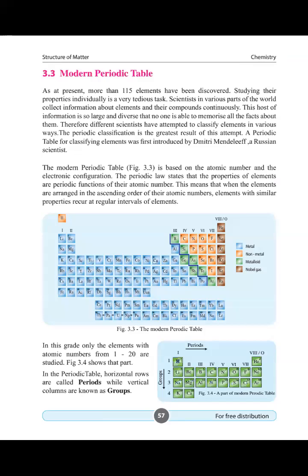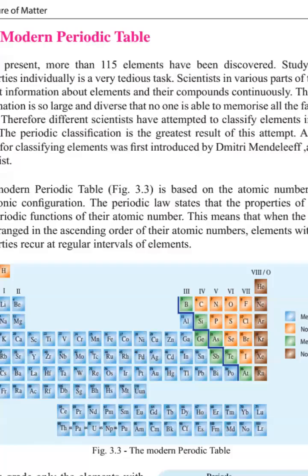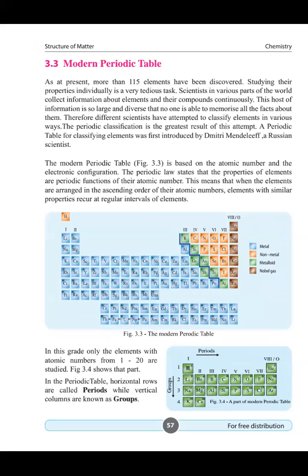Now, the modern periodic table. You should know the chemical properties and physical properties of these atoms, and the patterns of variation of their properties. So the modern periodic table helps a lot. Now, at present, there are more than 115 elements, and their properties cannot be individually considered or studied.